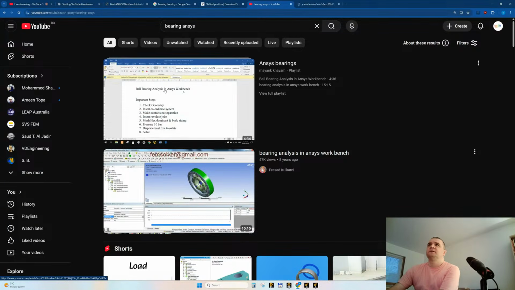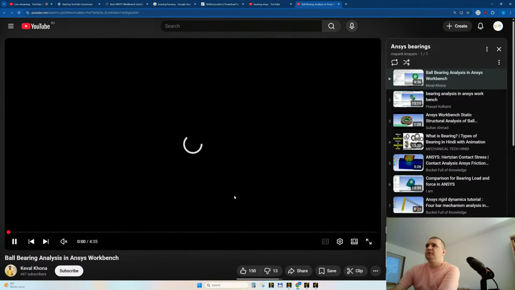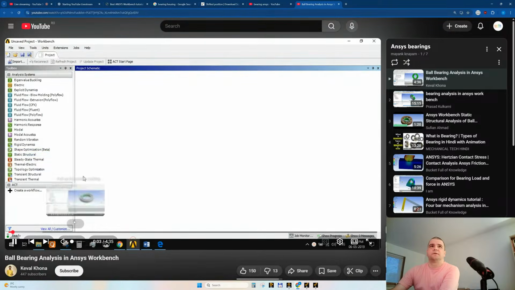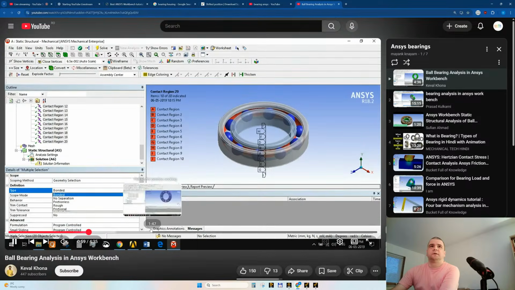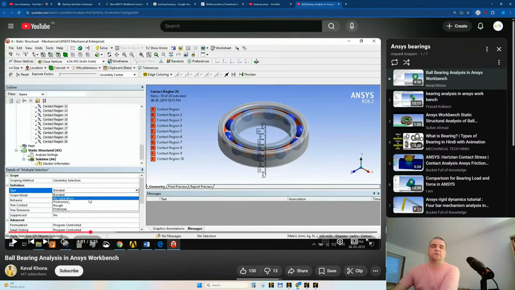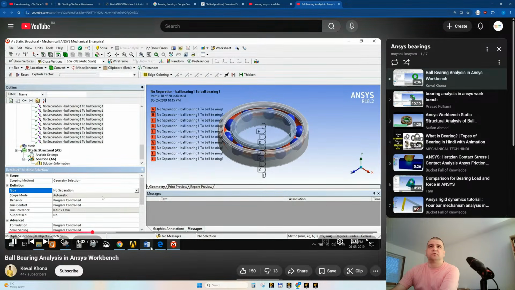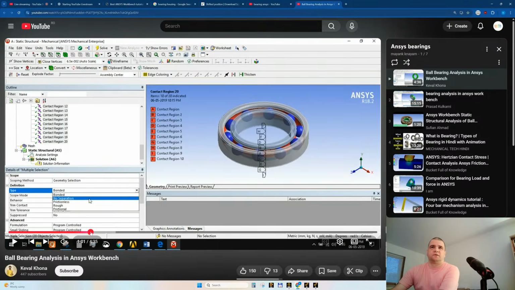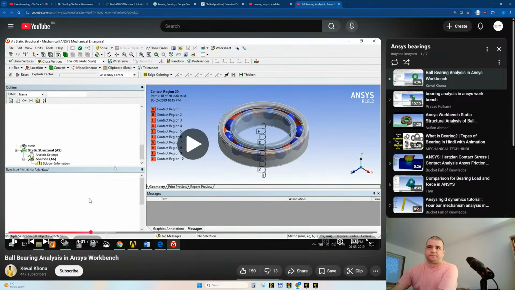So we have this user with multiple scenarios. Let's look at the contact region. Look here. He changes from bonded to no separation. Wrong. Completely wrong. No separation is almost bonded. It's bonded with some movement.